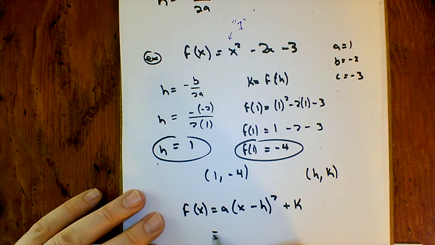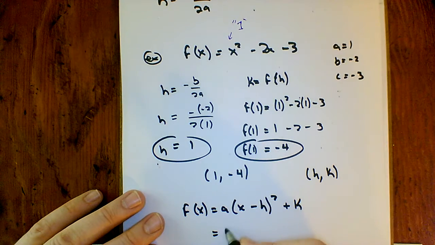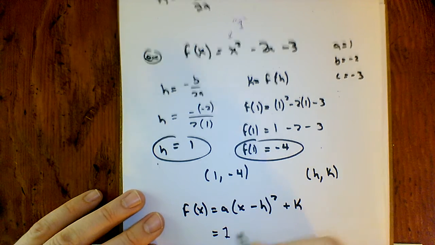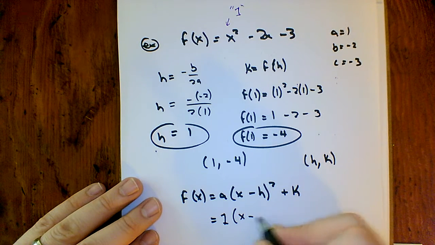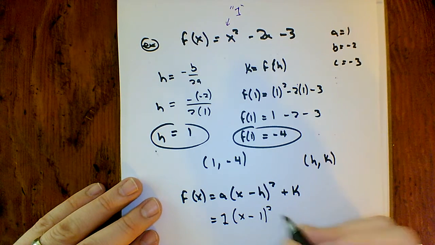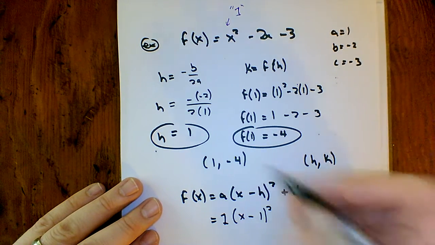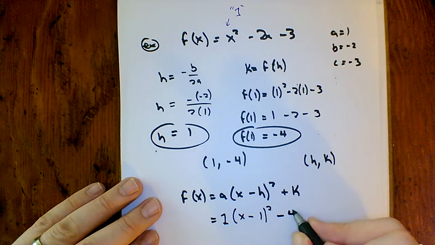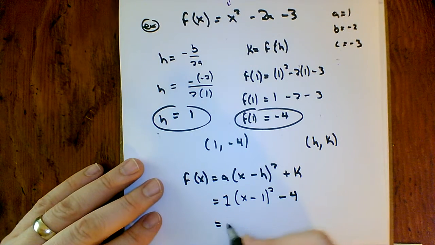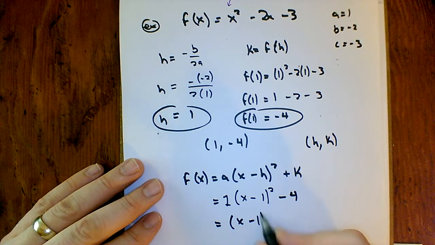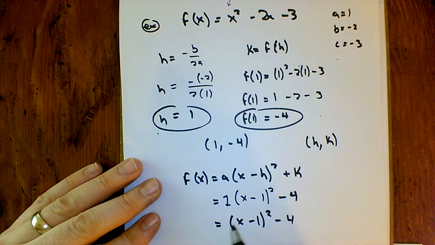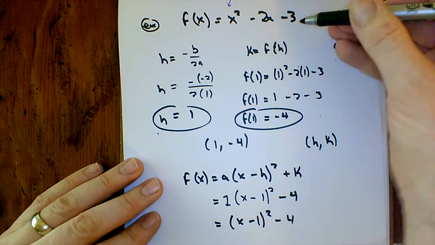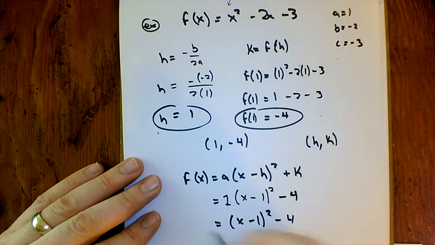Well, here, my a value was 1, so this is a 1. My h value was 1, so it's going to be minus 1. And my k value is minus 4. So if I were to rewrite this, this would just be (x minus 1) squared minus 4. And if I were to FOIL this out, I would discover I get my original function right back out again.